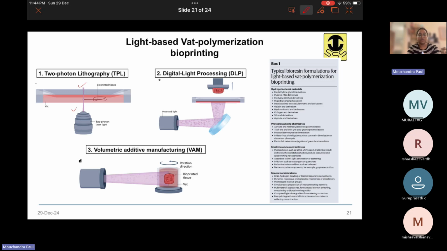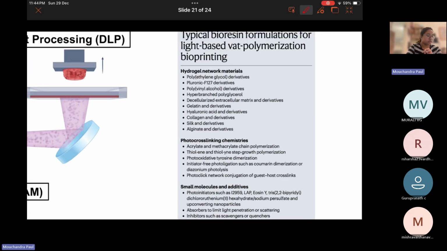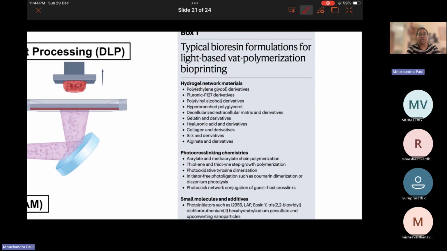So now, the types of materials which are compatible with this type of bioprinting are mentioned here. Usually we need to use photo cross-linkable derivatives of any natural or synthetic material that you're using.